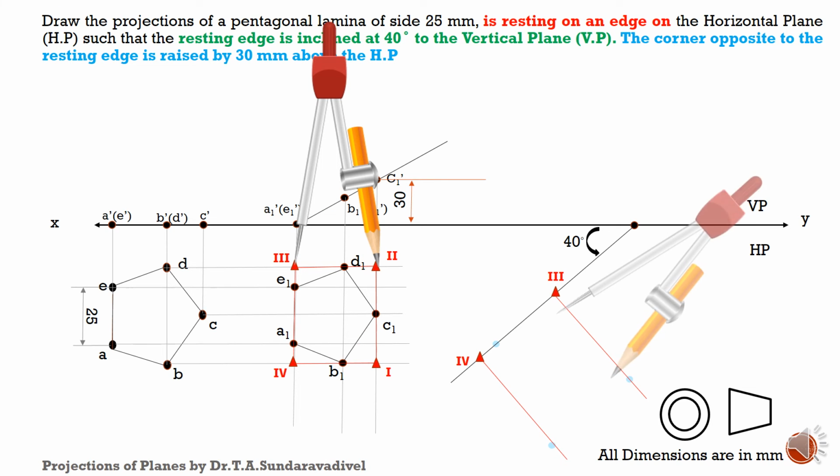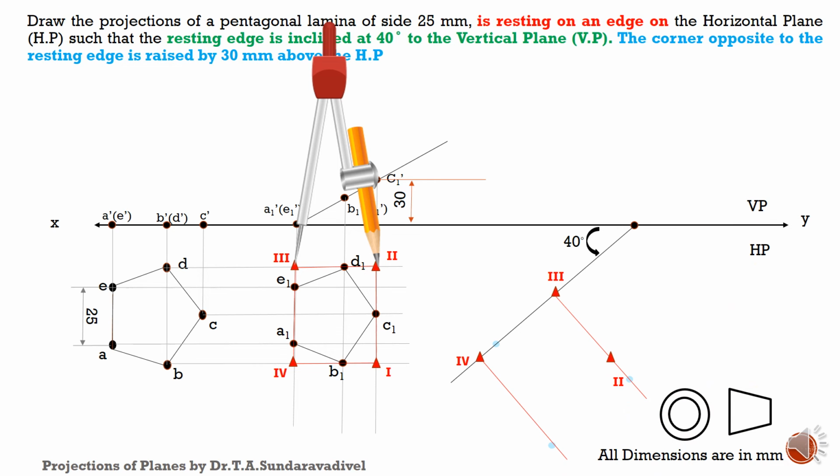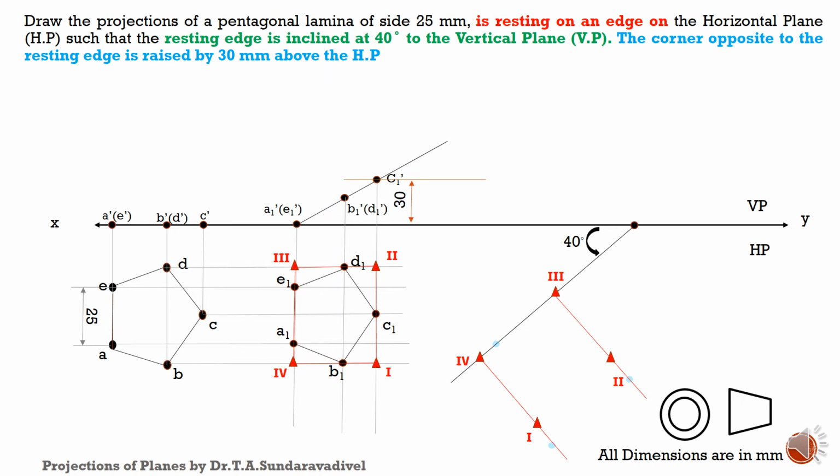Then take the measurement of 3, 2. The same measurement will come for 4, 1. Then join those. So we will get the box. Now the box is inclined for 40 degrees. Now transfer all the points of the box to that new box.